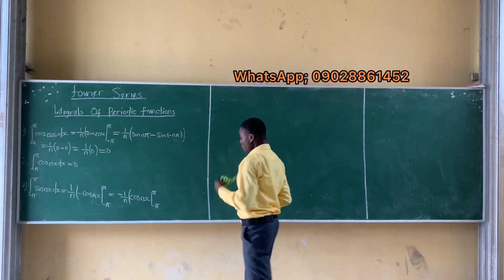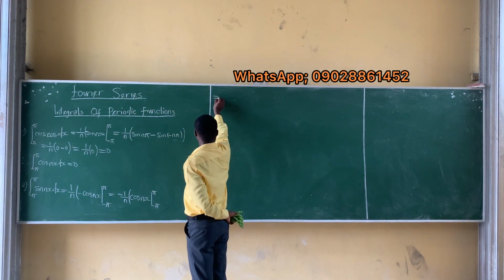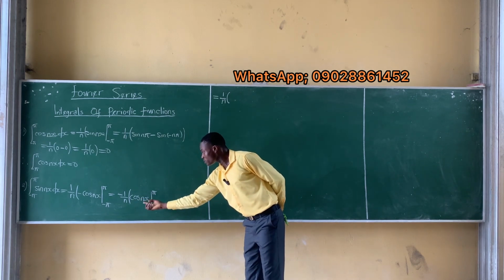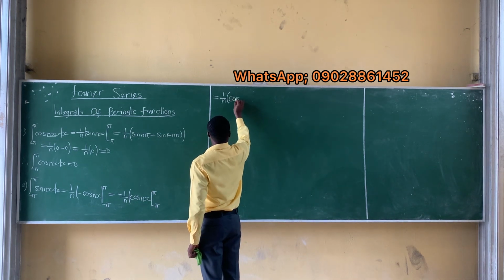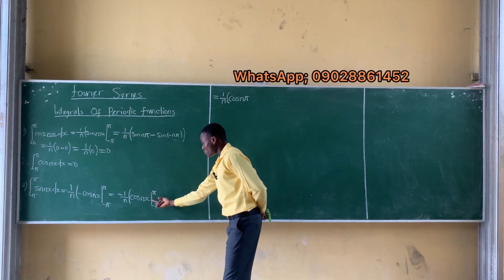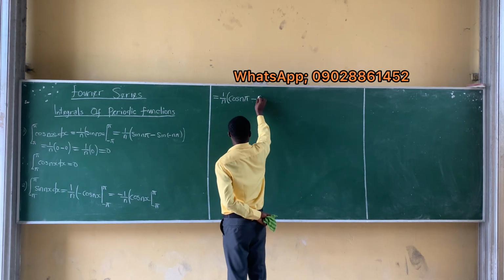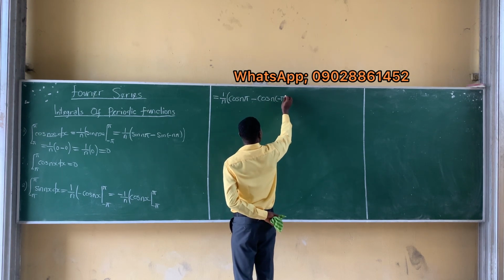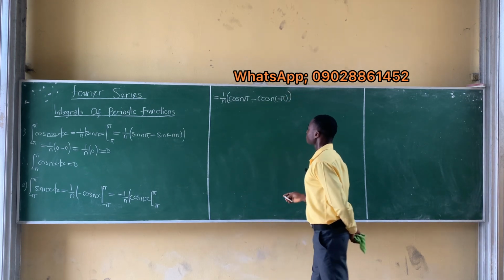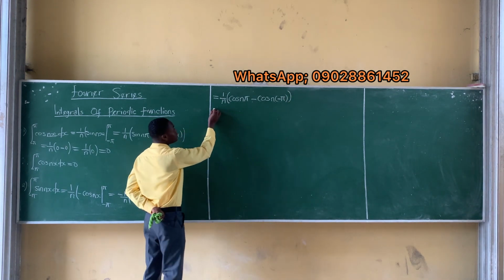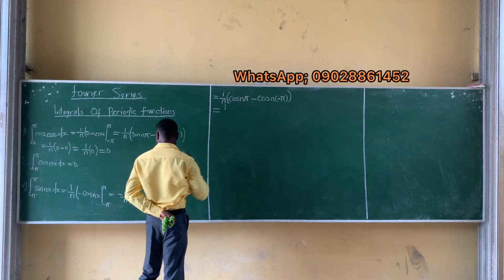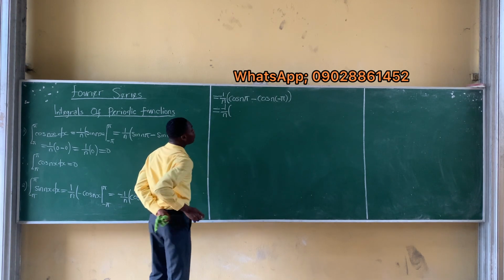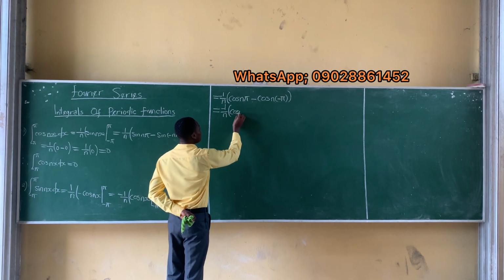So this implies that we are going to have minus 1 over n into cos n pi, then you substitute your lower limit, minus cos of n into minus pi. So this is what we have.